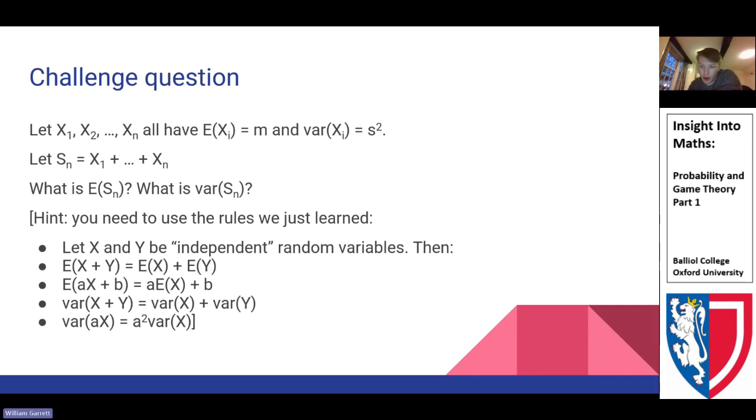Okay. So if we define Sn as the sum of the first n random variables, what I'd like you to have a think about is: what is the expected value of Sn using the rules that we have below? And what is the variance of Sn? Have a think about it for a few minutes.